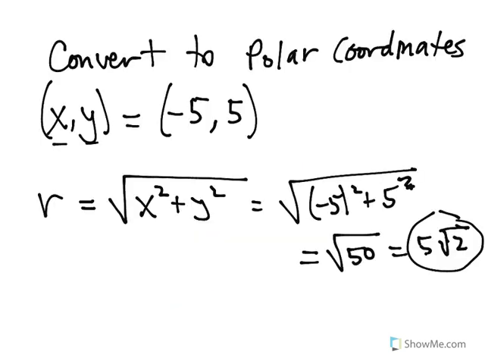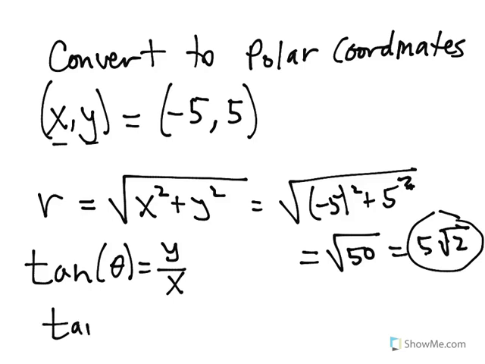If you're using the tangent of theta equals y over x, then you get the tangent of theta is equal to 5 over negative 5, which means the tangent of theta is equal to negative 1, which is true.